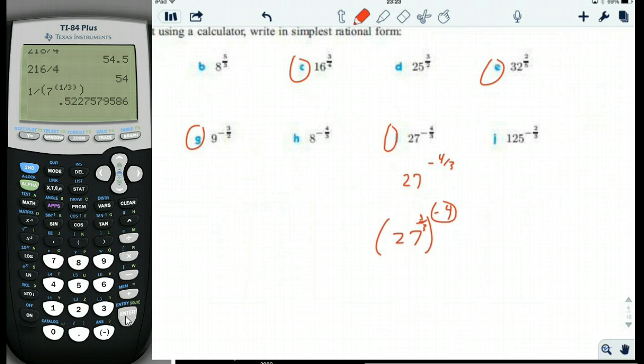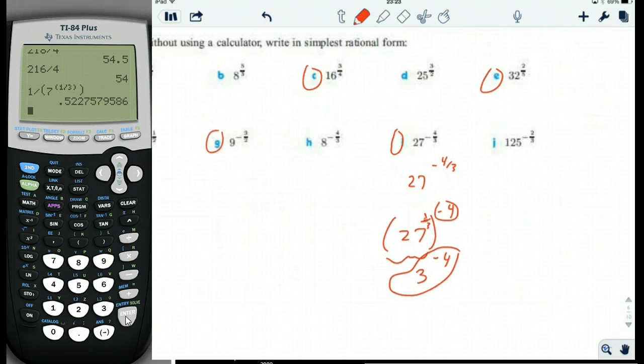We took the 1/3 part of it and put it inside because we know that 27 has a cube root. The cube root of 27 is 3 because 3 times 3 times 3 is 27. So we can make the inside turn into 3, and then the exponent is negative 4th. And so that's the answer, right?